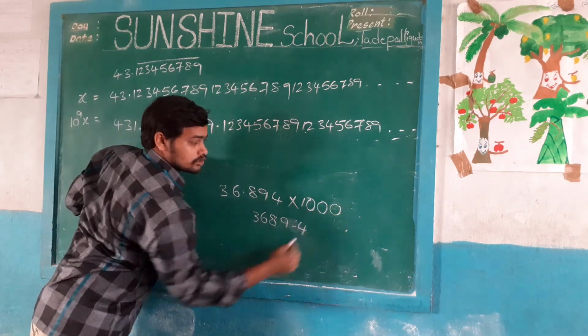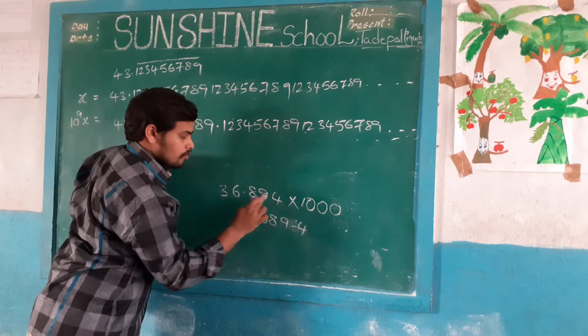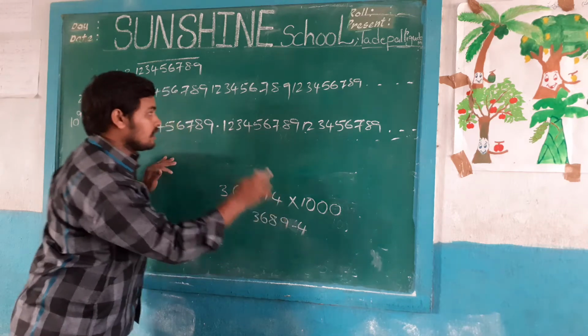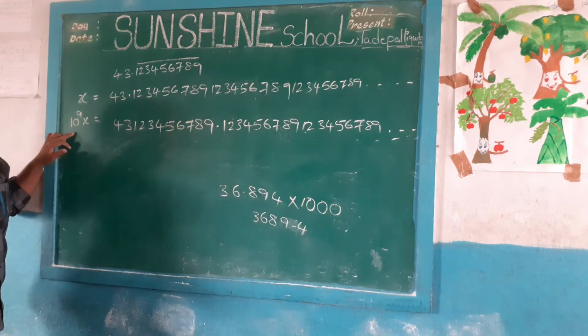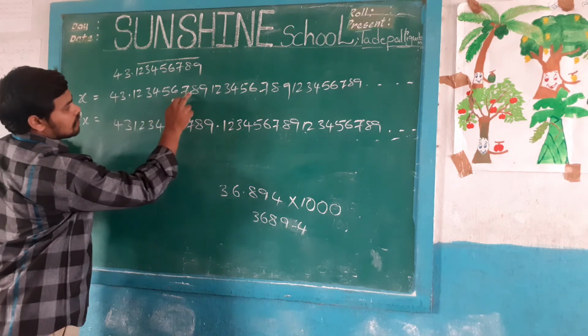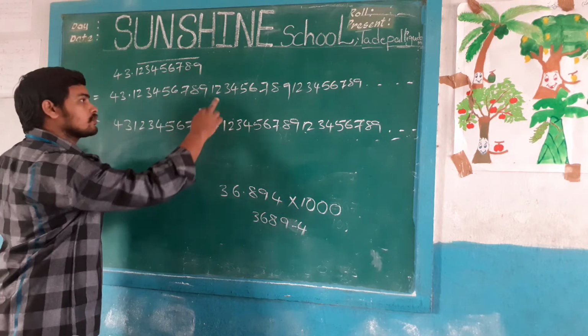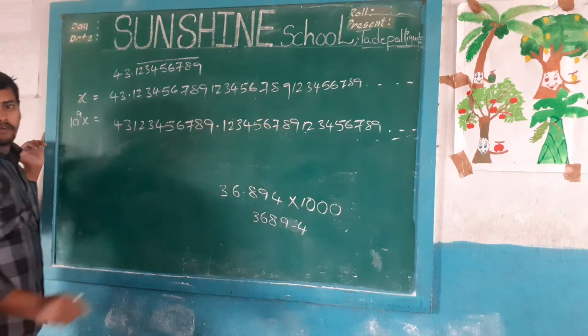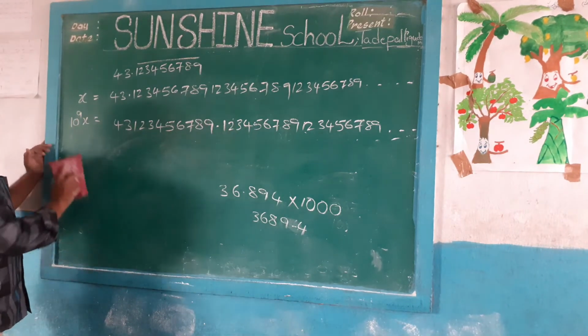If there are 3 zeros, the decimal point shifts 1, 2, 3. In the similar way, how many zeros are there? 9 zeros. So the decimal point shifts 1, 2, 3, 4, 5, 6, 7, 8, 9 places.